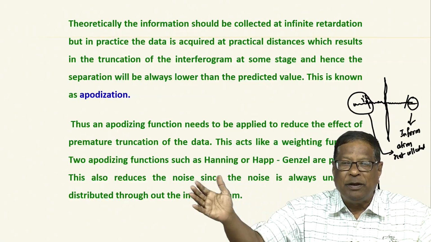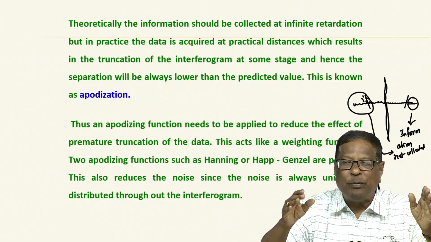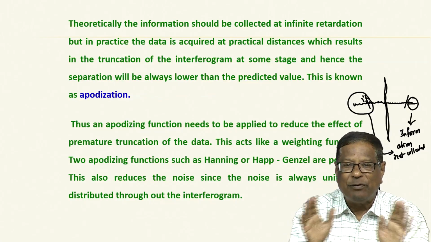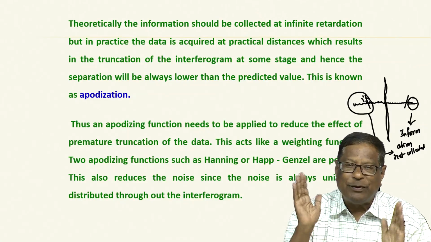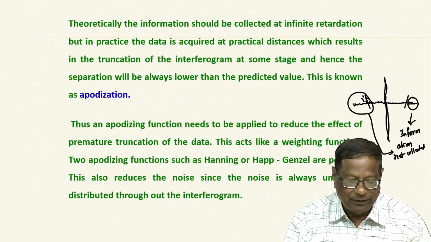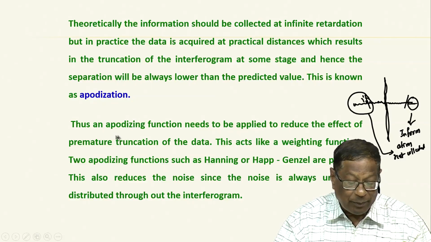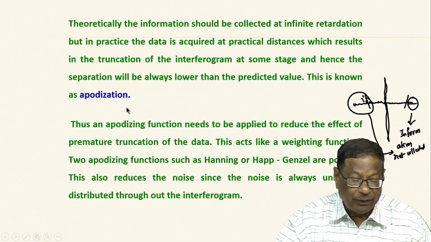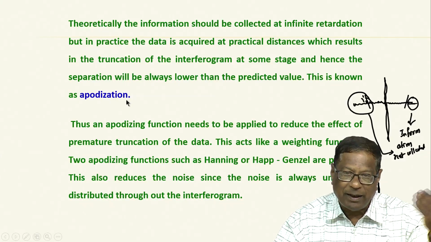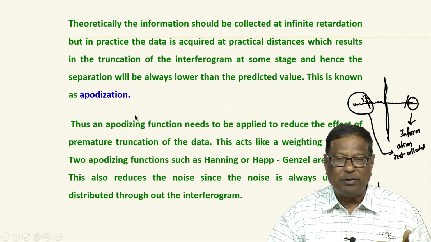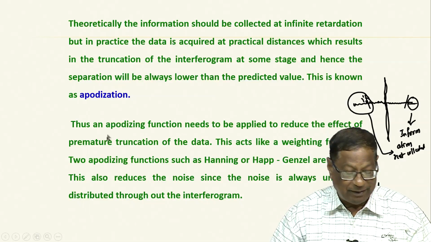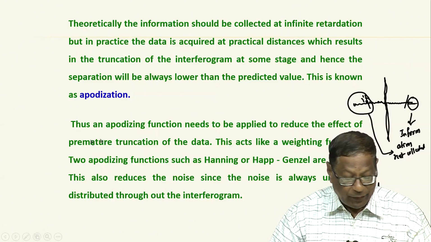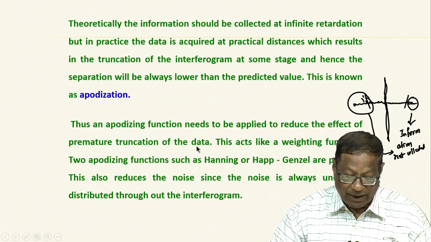Do not make it infinite, but stop after 2 minutes or 3 minutes or 5 minutes, like that, and collect all the information within that time. That is known as truncation on either side, 0 and 1. That is known as the apodizing function. It is done mathematically. I can write a computer program and say truncation at this level. So, an apodizing function needs to be applied to reduce the effect of premature truncation.